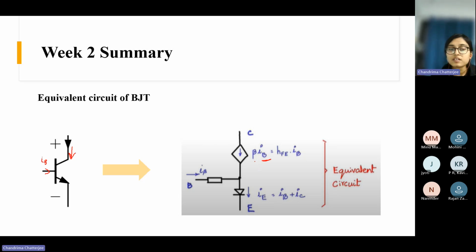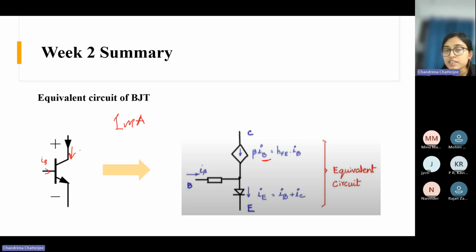We shall see in later slides what beta is and how it varies with the load current and all. But for now, understand that beta is a parameter that dictates what the current gain of the transistor will be. Suppose I am injecting a current of 1 milliampere through the base, and my beta is 100.